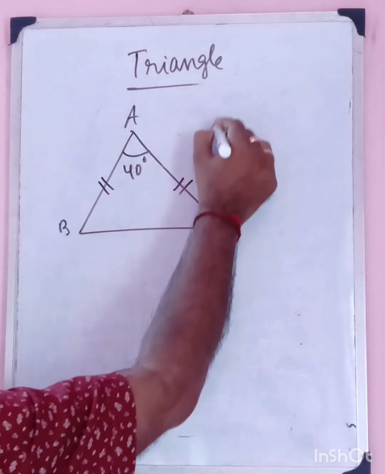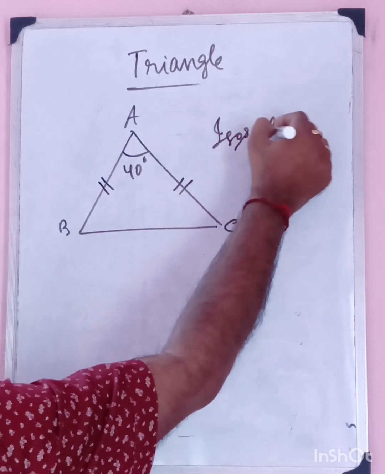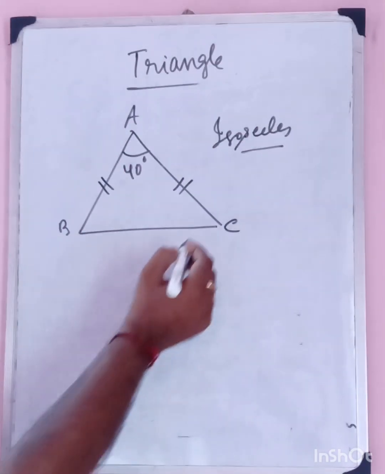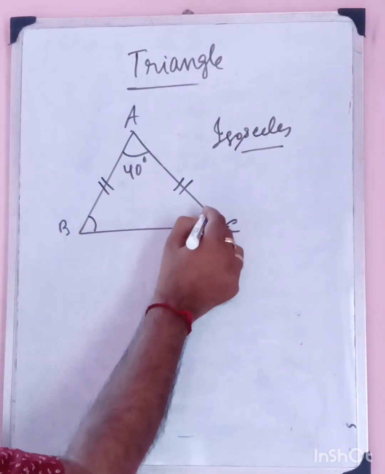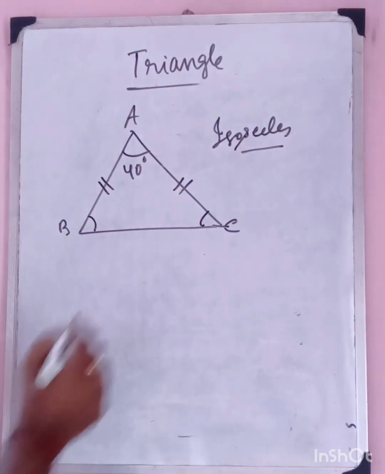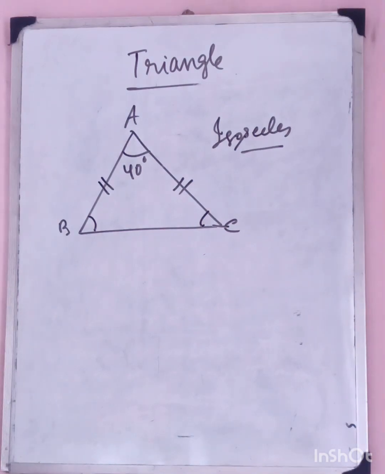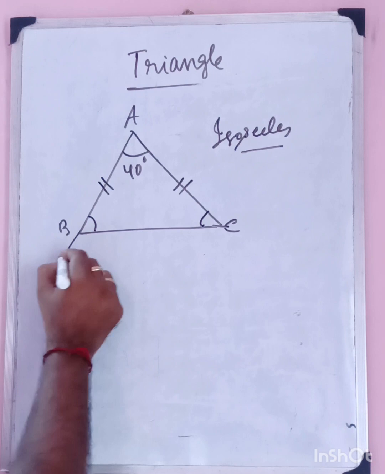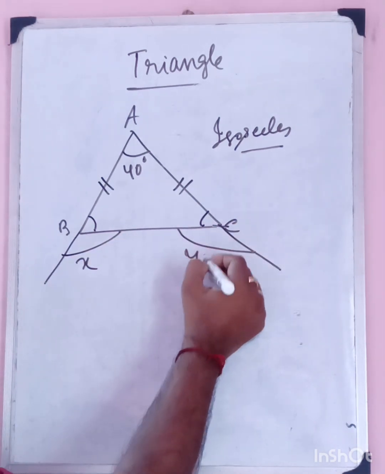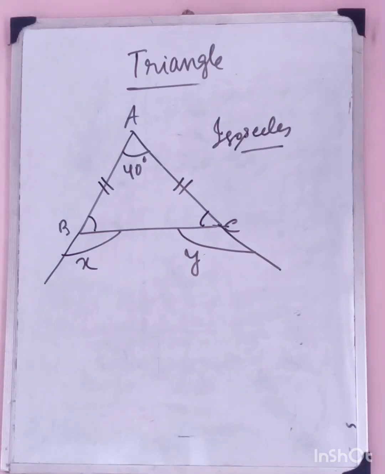So this is isosceles triangle. AB equals to AC. And one property you know, that in isosceles triangle, these base angles are same. So find out X and Y. Very simple problem.